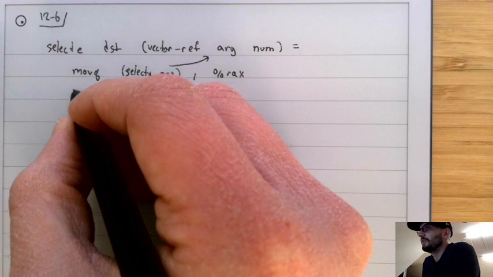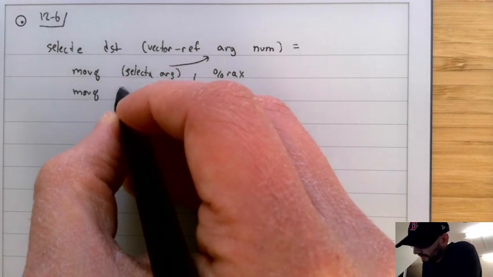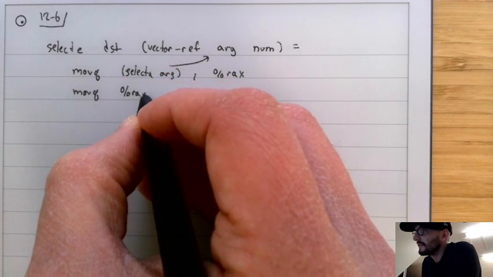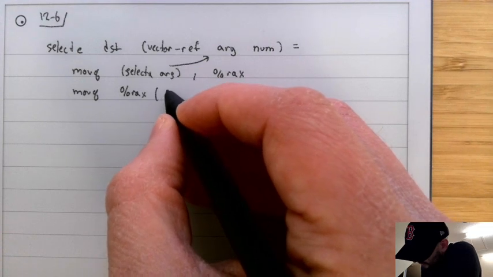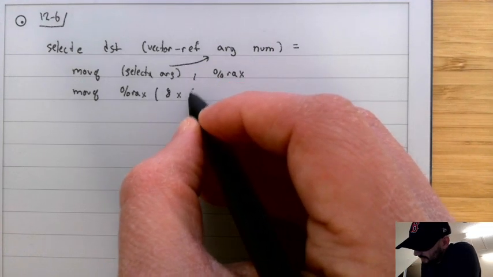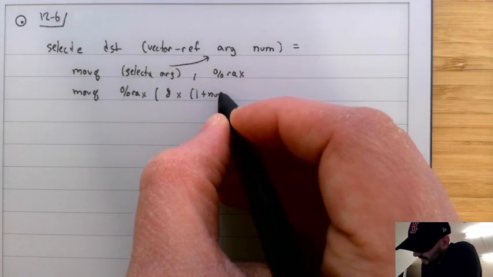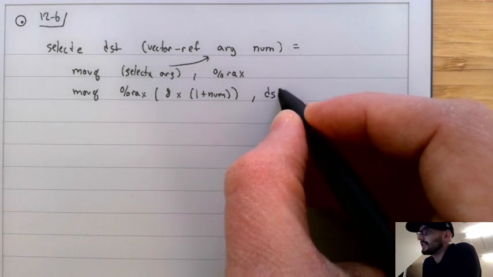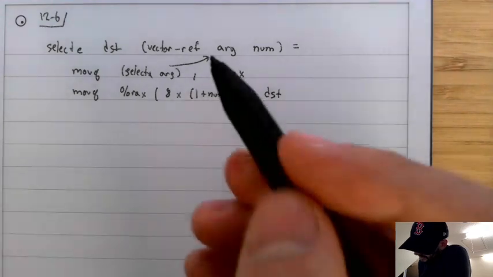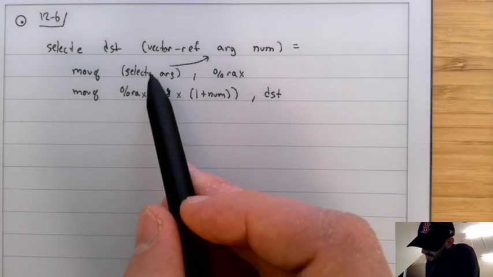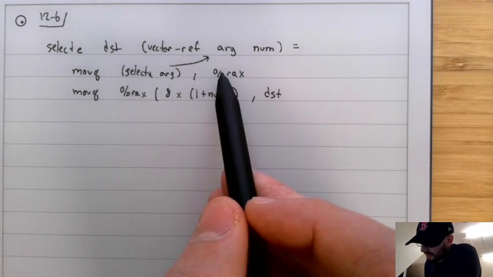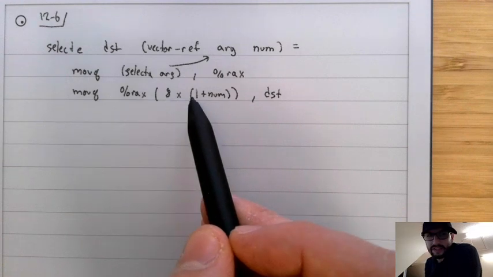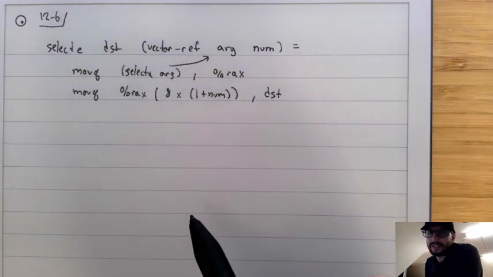Then we're going to do a move Q of %RAX, 8 times 1 plus the number, and move that into the destination. What's going on here is that we're making that argument become RAX, and then we dereference the appropriate part of it and put it in the destination.